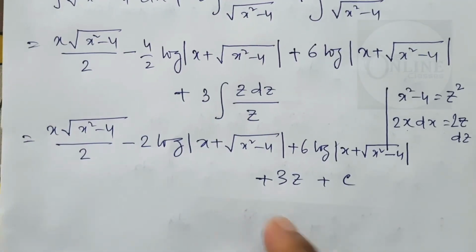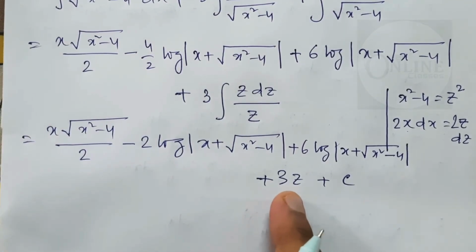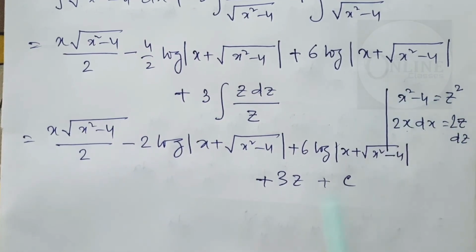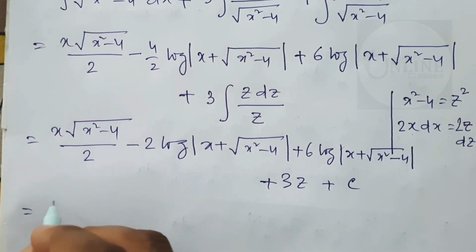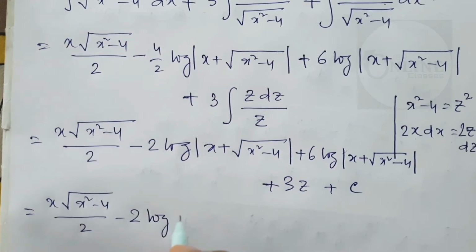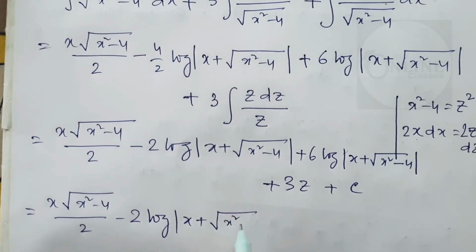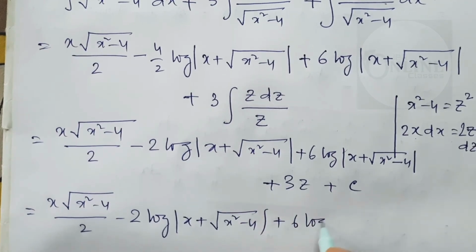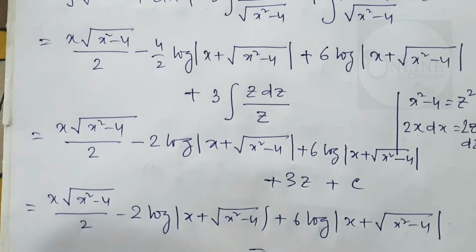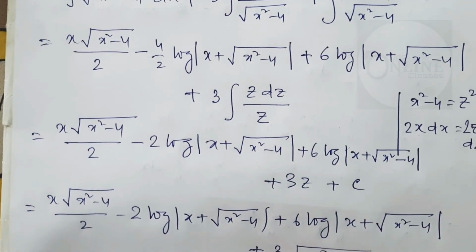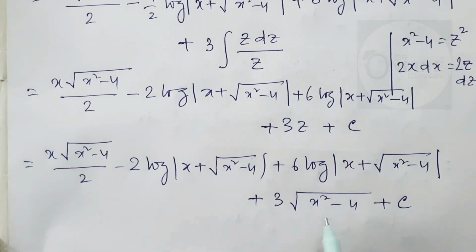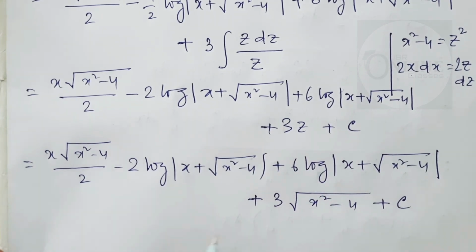Now we just need to substitute the value of z. z square is x square minus 4, so z will be root over x square minus 4, and we are actually done. c is coming because this is an indefinite integral.